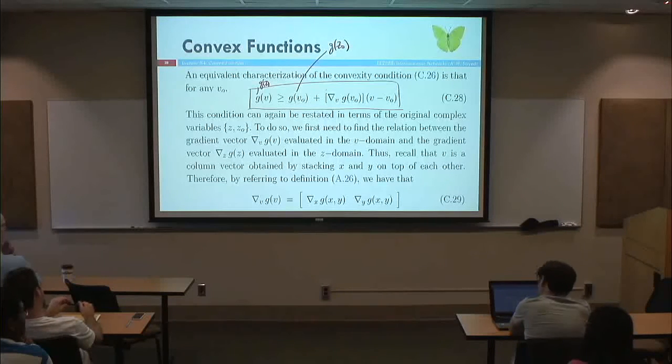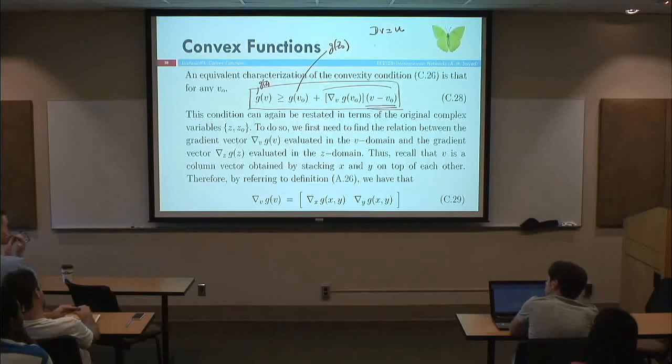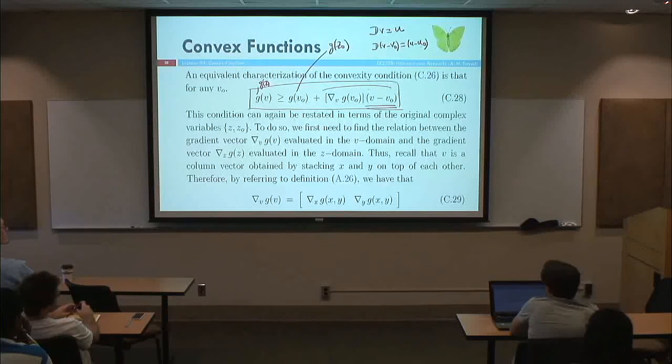What about here? I showed you before that to go from V to U, there is a transformation. So to go from this V to the corresponding U, if I multiply V minus V0 by D, I'll go to U minus U0, right? So if I put a D here, and then the inverse of D, I don't change anything.